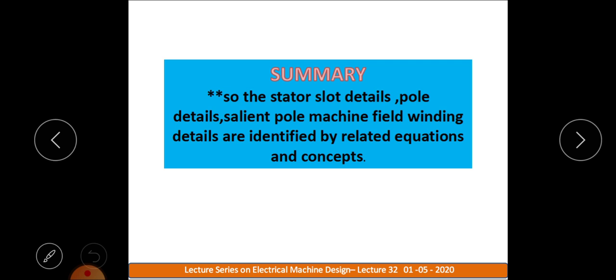SF is the copper space factor, DF is the depth of field winding, and QF is the loss per meter square. So the height of field winding we have calculated as 19.96 centimeter or approximately 20 centimeter.